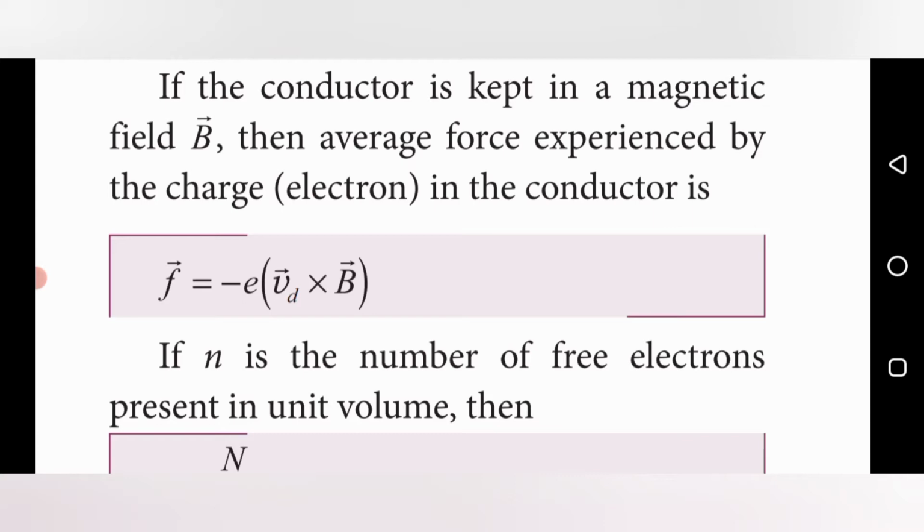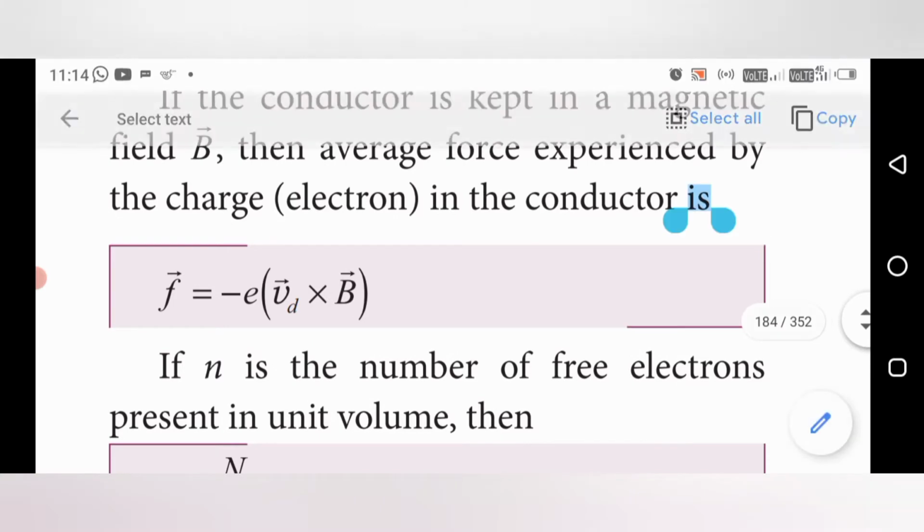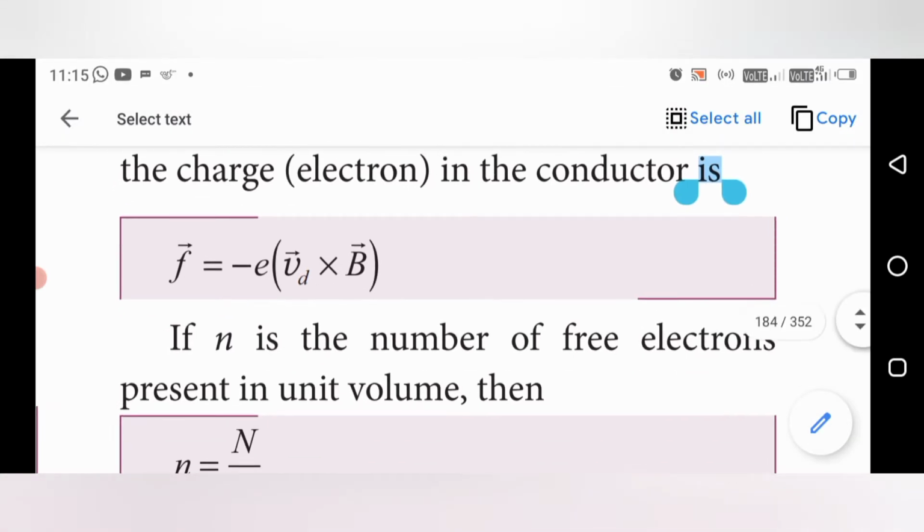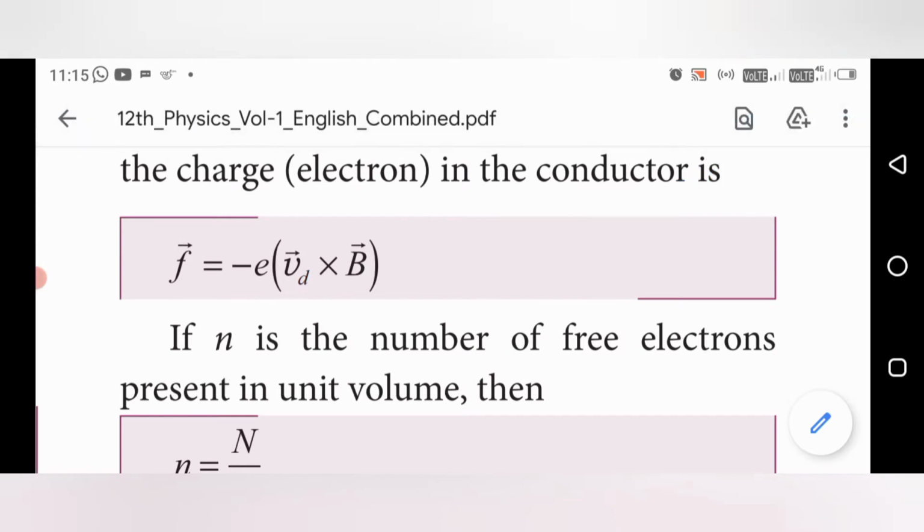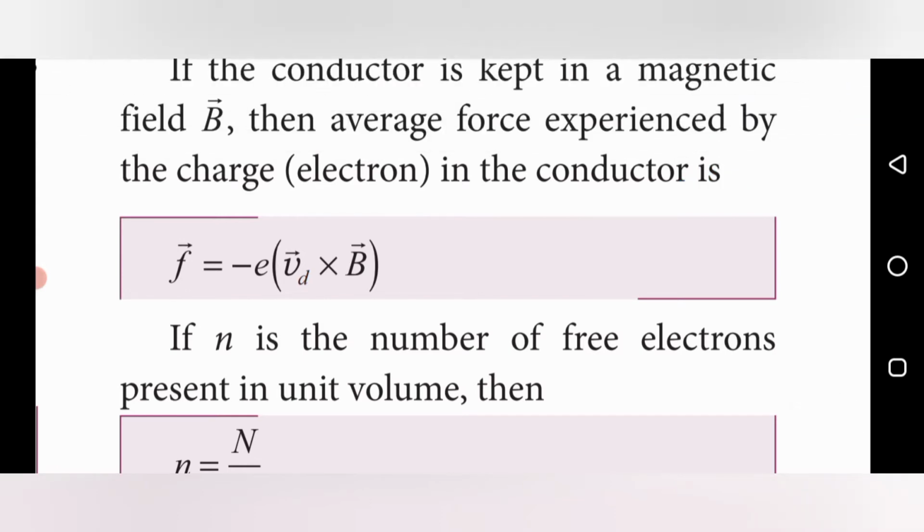So small f is equal to minus e, instead of q, because they are electrons. You know the magnetic Lorentz force is q into v cross B vector. Vd is the drift velocity of the electrons in the uniform magnetic field. So totally, small f is equal to minus e Vd vector cross B vector.